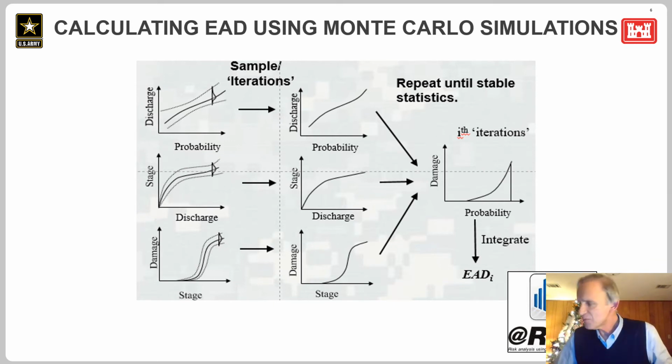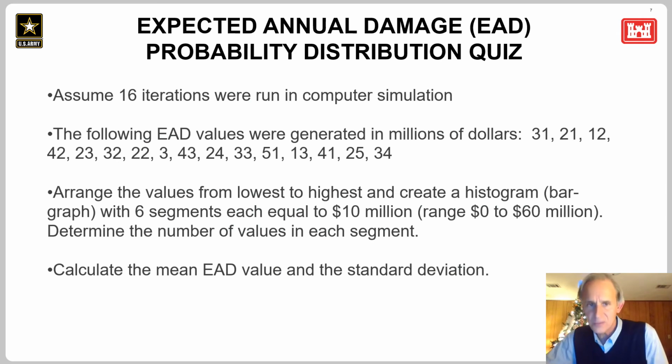Sometimes you get high damages, sometimes low, and you get a distribution. The model then integrates that distribution and calculates the expected annual damages. The point of this slide is that it incorporates uncertainty. It's not just one number; it samples from the uncertainty to calculate those values.